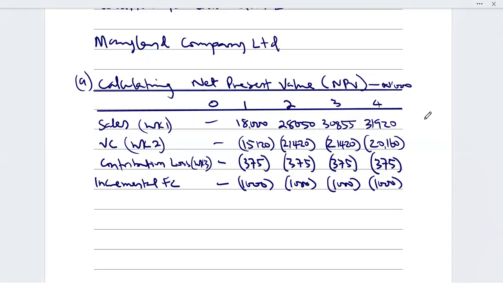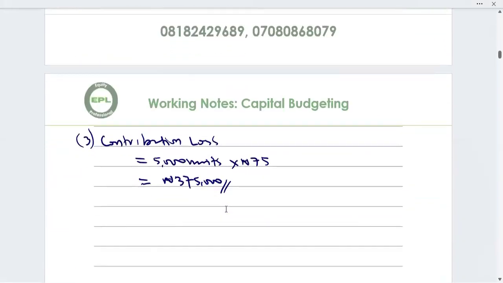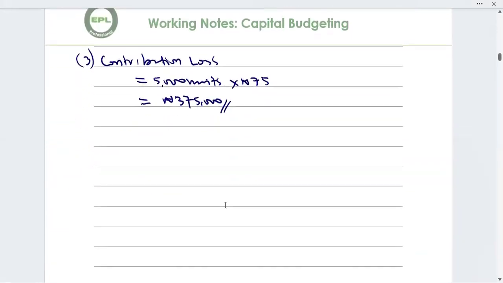Let's go back to the question to identify other cash flows. We are told that the introduction of the new product will help to reduce investment in working capital by 750,000 naira immediately. So let's do working number 4, the initial outlay.